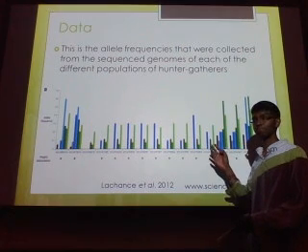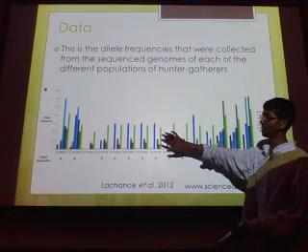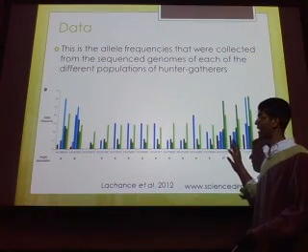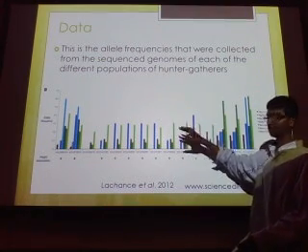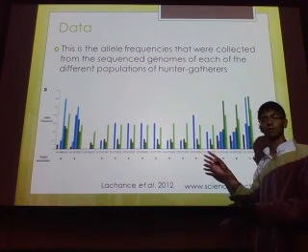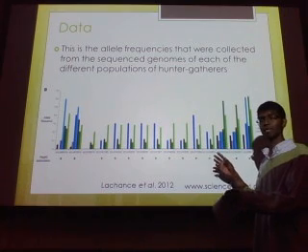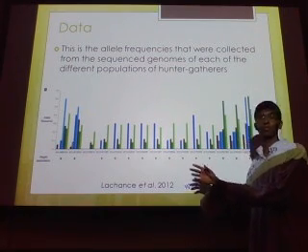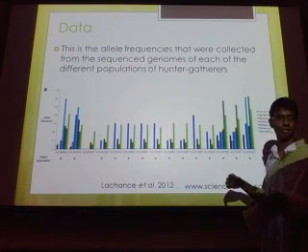And they repeated this type of analysis for all 46 chromosomes of the people in the study. And they were able to determine which individuals were most closely related and which individuals were more distantly related.